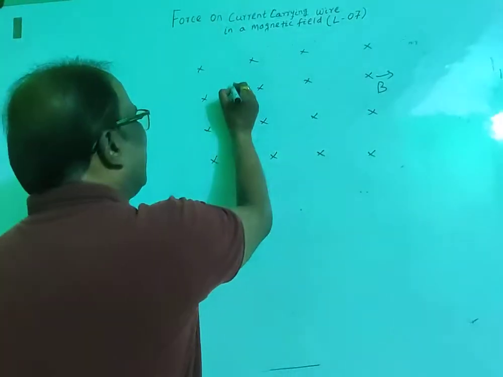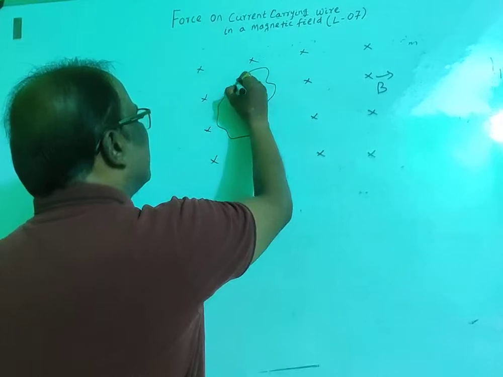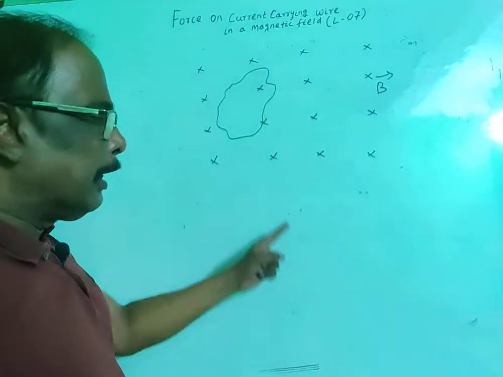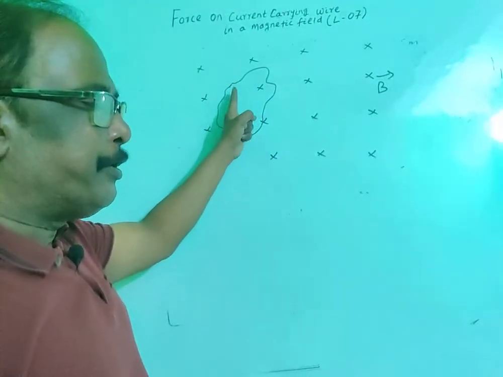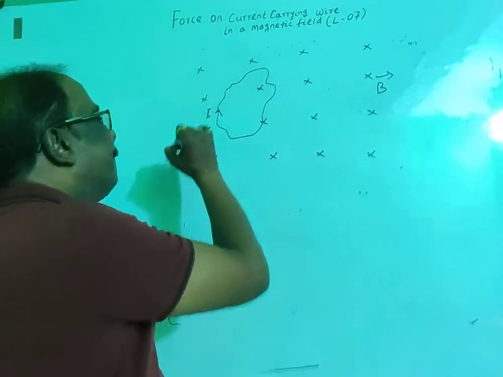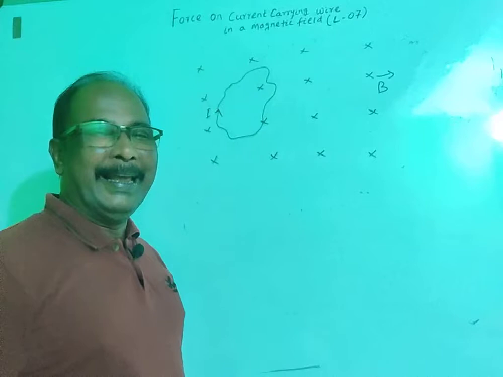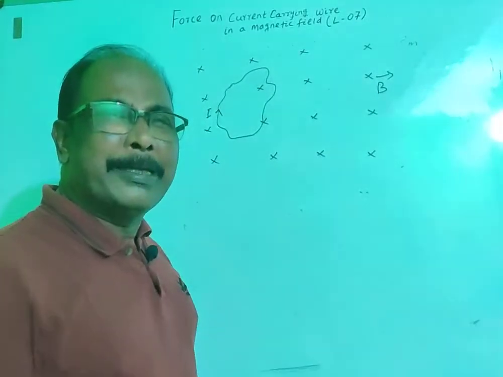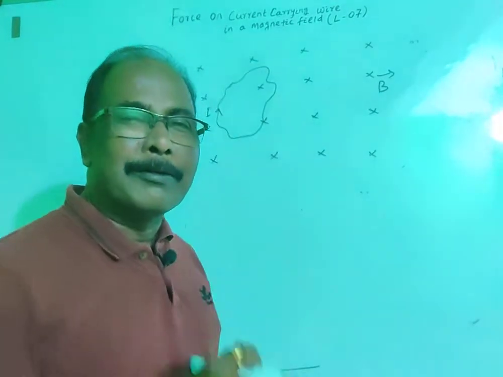Suppose a current carrying loop is placed in a magnetic field. Then what will happen to the shape of the loop? This is the first question.